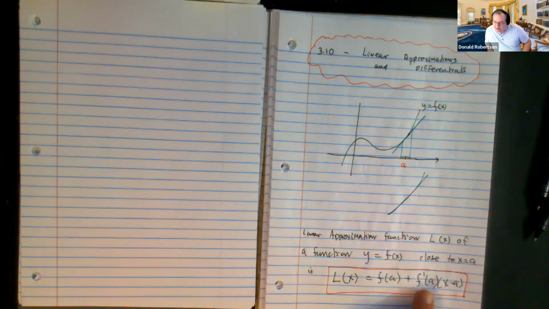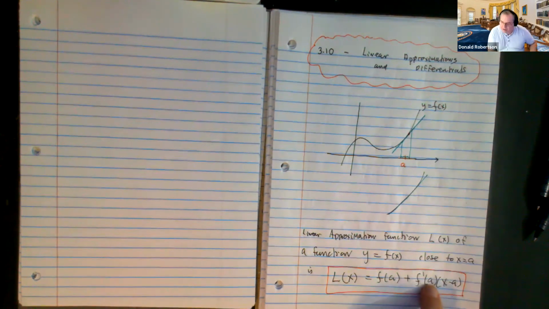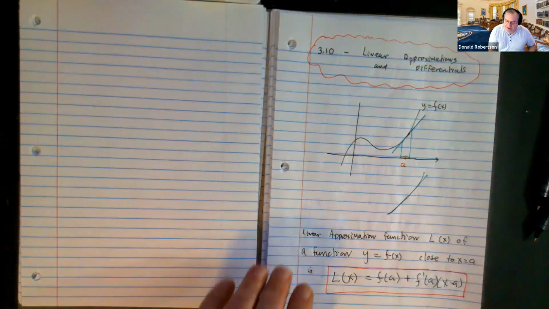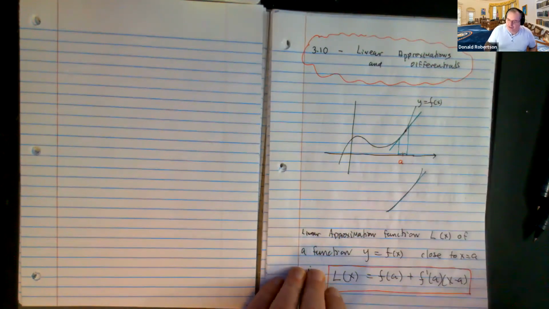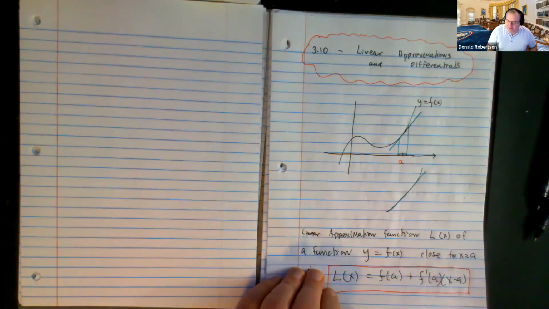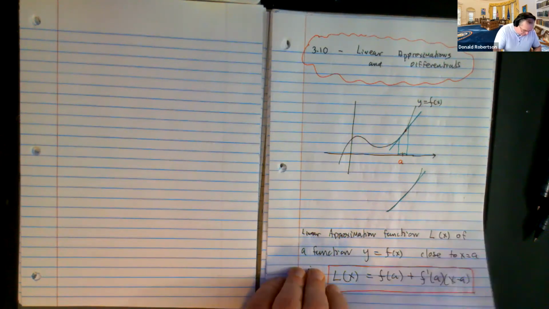So the linear approximation function is this: the value of the function at a plus the derivative of the function at a times x minus a. These are going to be numbers, and so when you're finished, you're going to have L(x) is 3 plus 2x, or 0.7 plus 5x, things like that. Let's show you in operation.